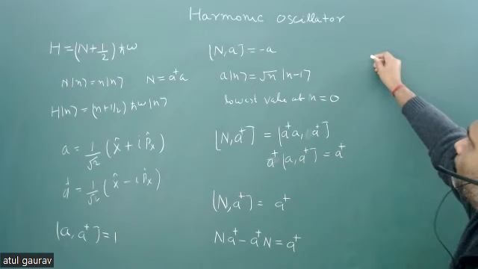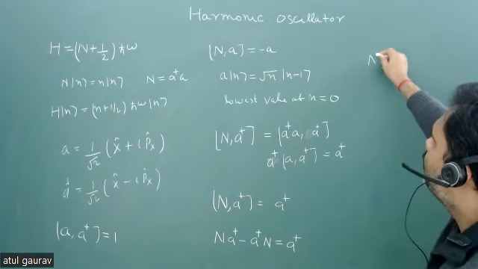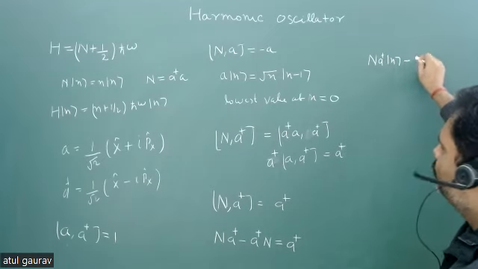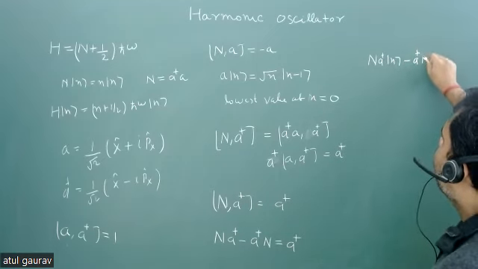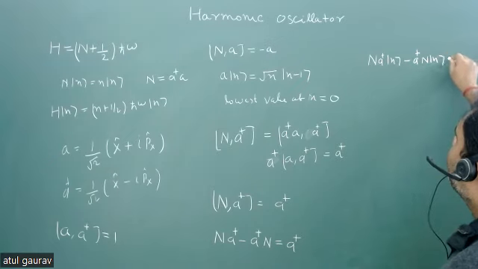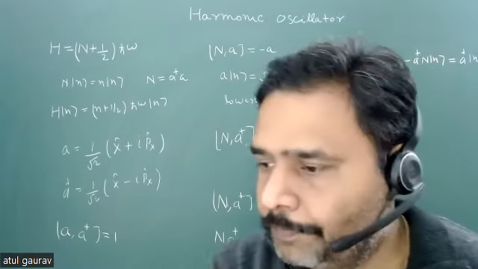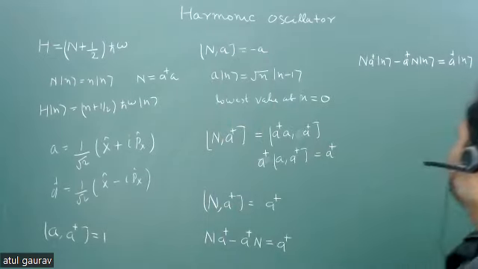So what we will do? We will operate on |n> on both sides. n A dagger |n> minus A dagger n|n> is equal to A dagger |n>. So n will operate on |n>. What you will get? n|n>. So we have n A dagger |n> minus n A dagger |n>, which will be A dagger |n>, and this will go to this side.